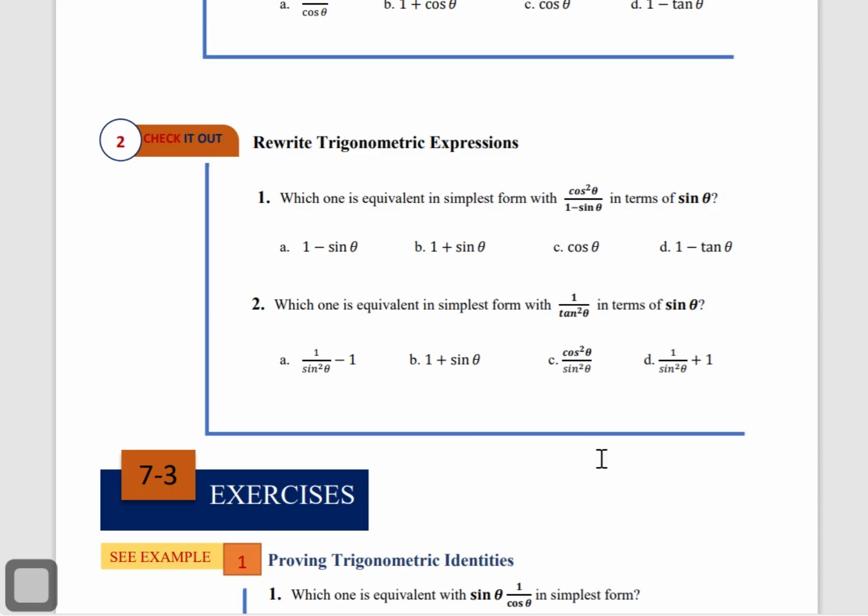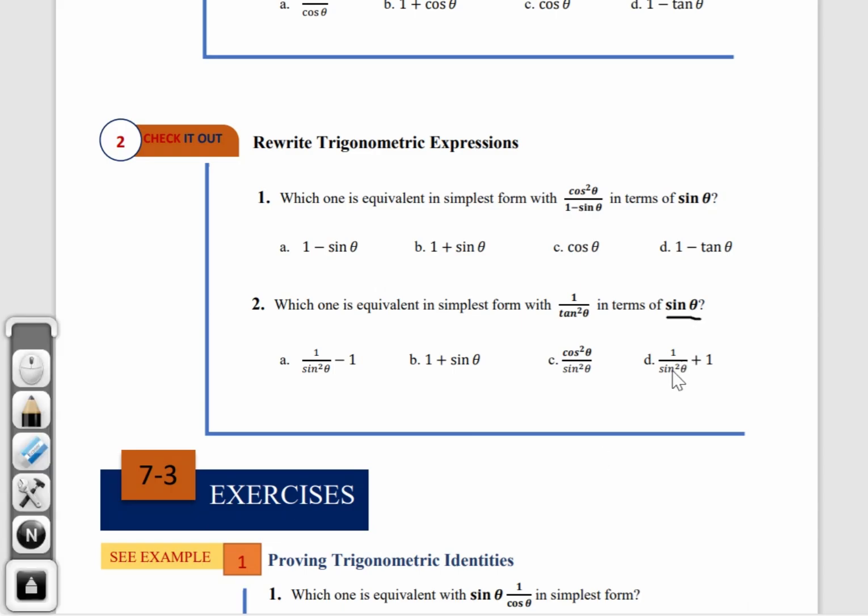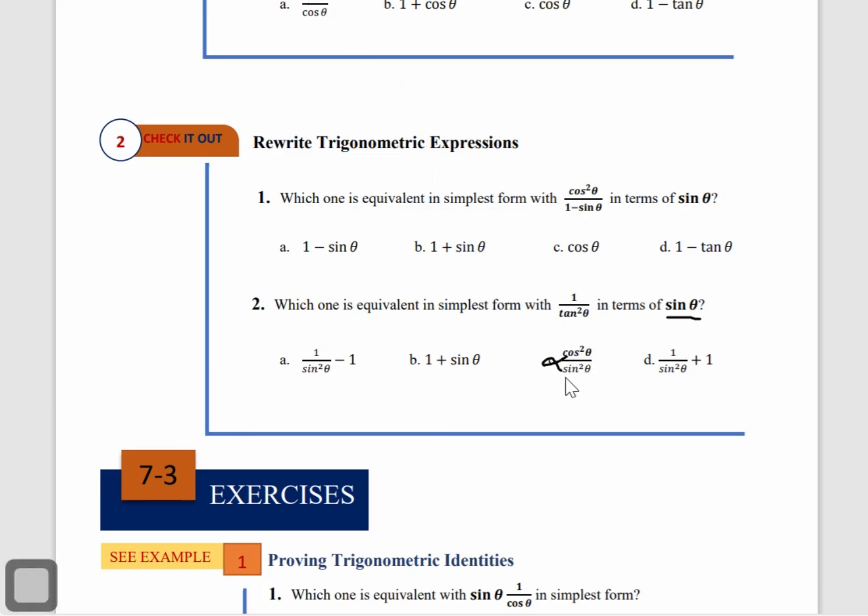For the second example, we have 1 over tan squared in terms of sine. So branch C, which has cosine, is not true. We have a rule, if you remember: 1 plus 1 over tan squared theta equals 1 over sine squared theta.